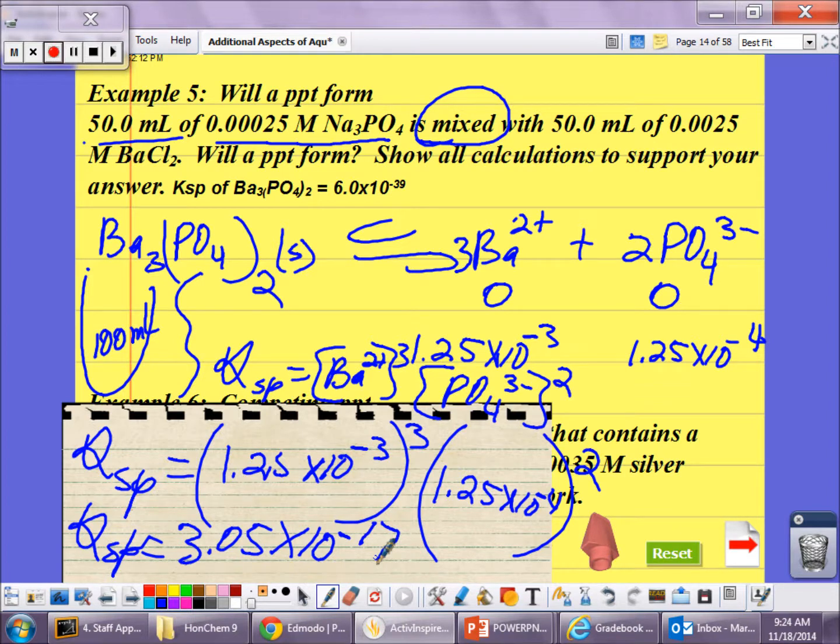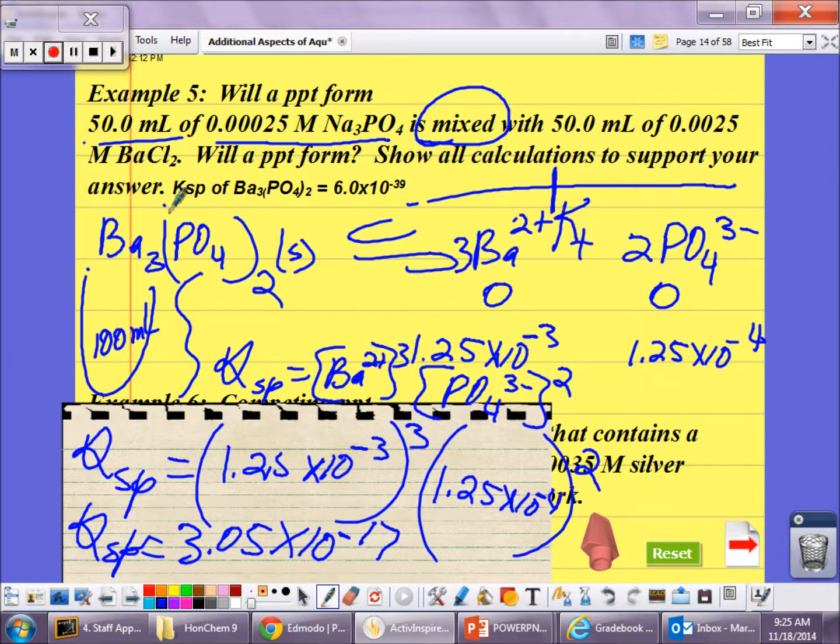Now, this is what we do. Remember I told you an easy way to compare Q to K. To me, the easiest way is to do the number line. This is a number line. This is K. We said last time that's where you want to be. You want to be at K. Now, what is K?